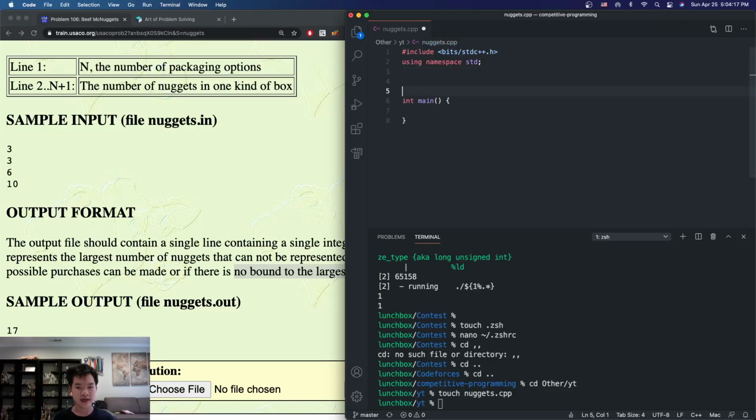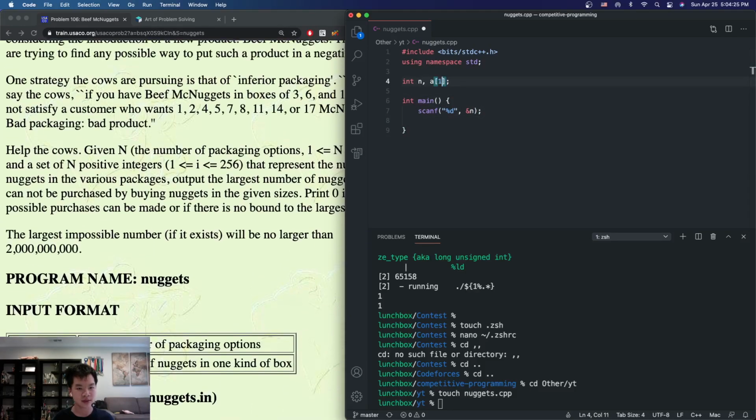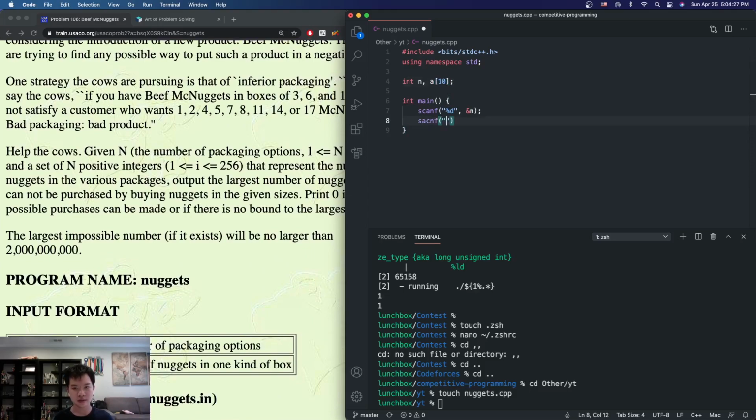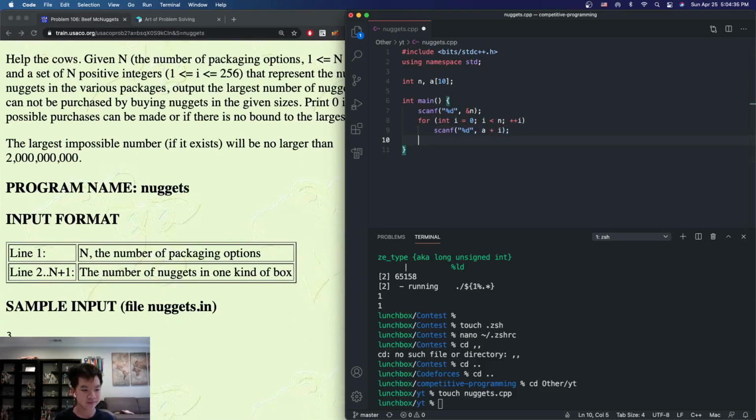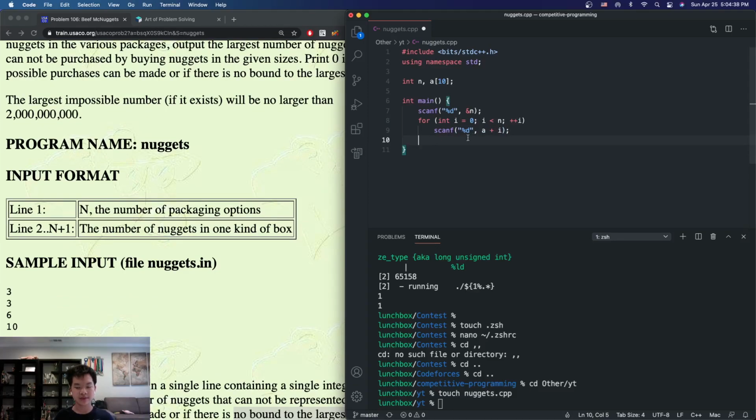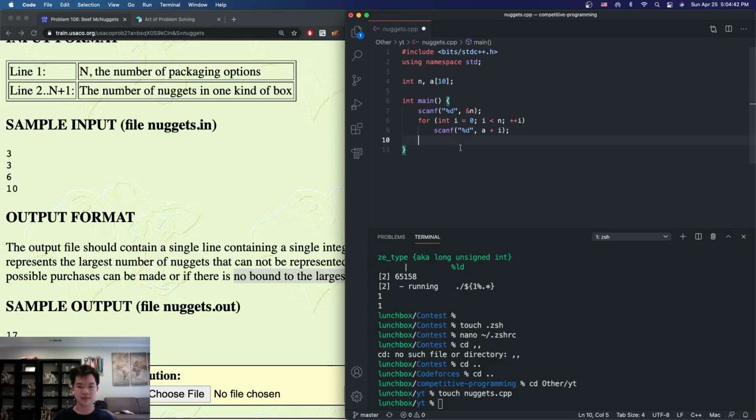We have n, so read n. We have a, the values, which are going to be at most 10. So for 0 to n, we're going to read that. Now we want to basically determine if our answer is going to be 0.